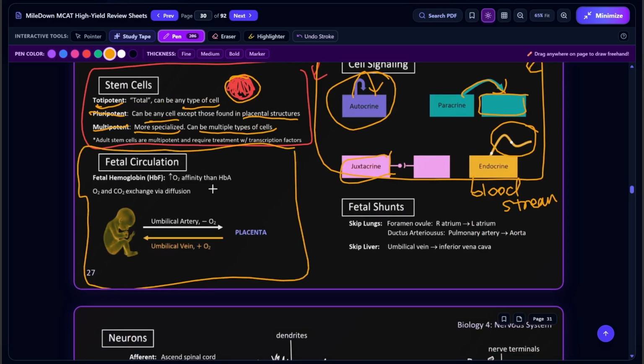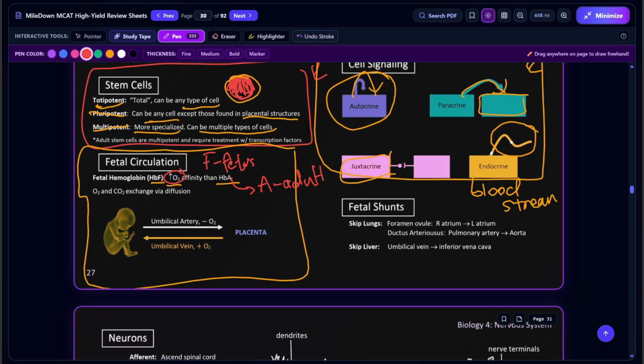So fetal circulation. Fetal hemoglobin, HbF, has increased oxygen affinity compared to HbA. So basically what we're learning here is that fetal hemoglobin is different from adult hemoglobin. F meaning fetus, and A meaning adult, HbA. So why does the fetus have higher oxygen affinity than adults?